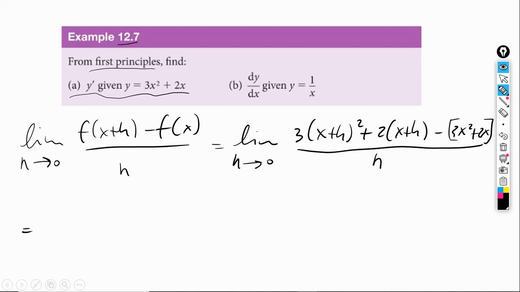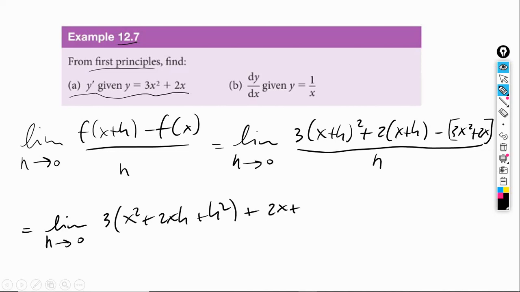And then we could say that the limit of the function as h approaches 0 is going to be 3 times (x squared plus 2xh plus h squared) plus 2x plus 2h minus 3x squared minus 2x. And all of this over h.